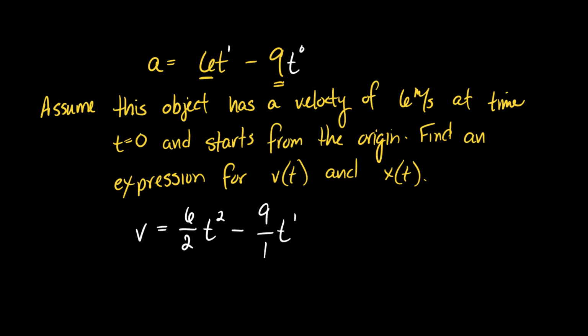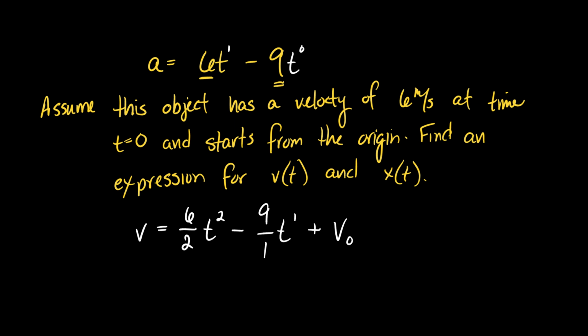Something I brought up yesterday that I need to remind you about today is that had there been a constant here when I took the derivative, it would have disappeared. So I have to consider the fact that there is the possibility of an initial velocity, a value for my function when the function variable is 0.